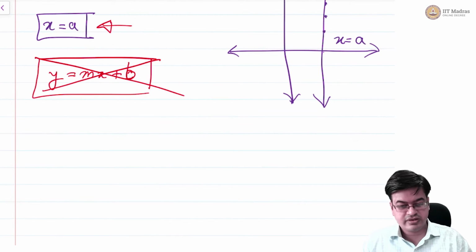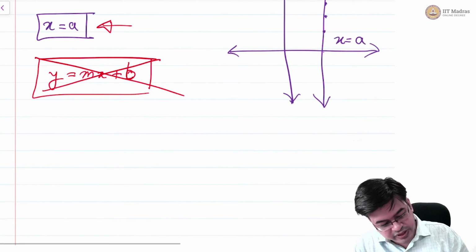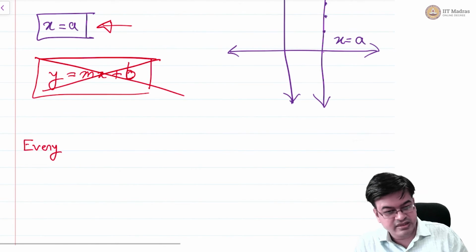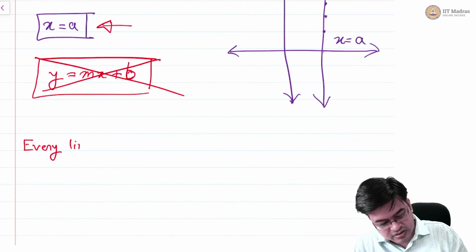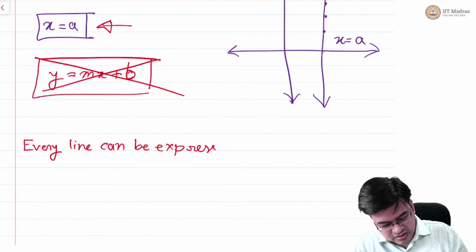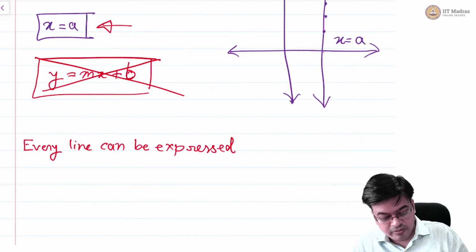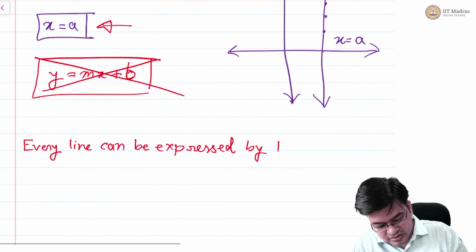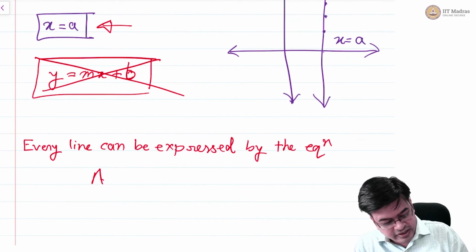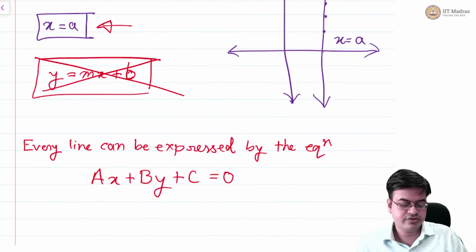To answer that question, mathematicians figured out that every line can be expressed by the equation ax plus by plus c is equal to 0.